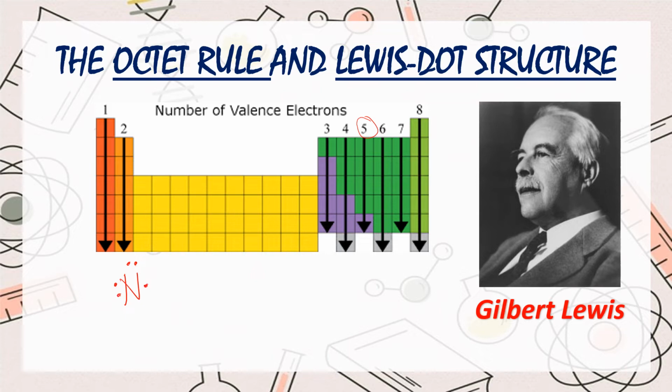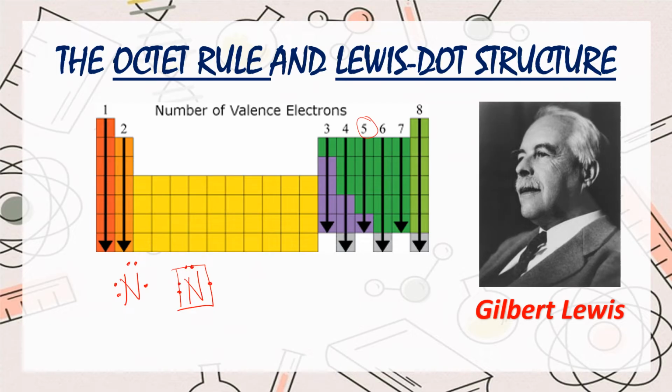Take note that in writing the dots, only 2 dots are placed on each of the 4 sides. You may imagine the symbol as enclosed in a box, and you are only allowed to draw 2 dots on each side.